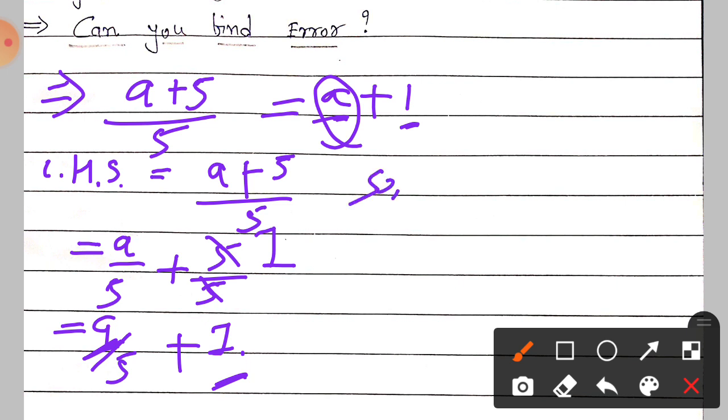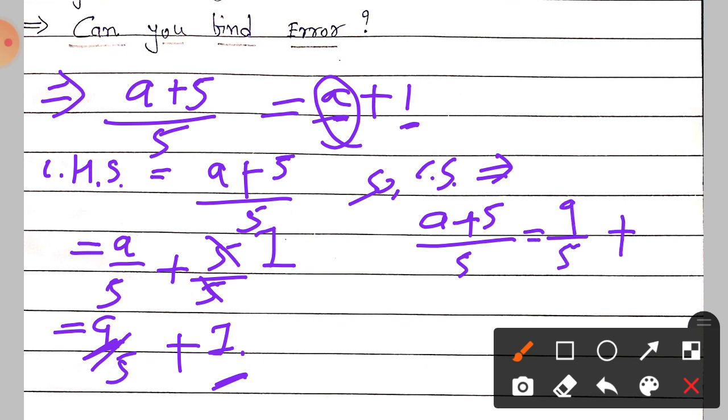So the correct statement implies a plus 5 upon 5 is equal to a upon 5 plus 1. This is the correct statement. So first you have to find the error and then recorrect it and write it as a correct statement. Correct? So this type of question may be asked in your exams.